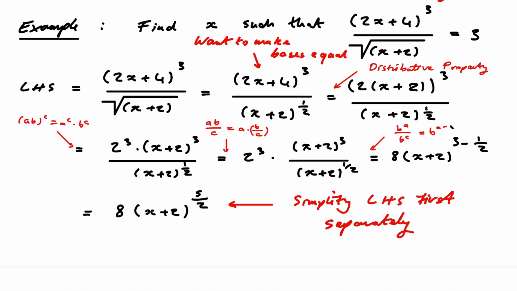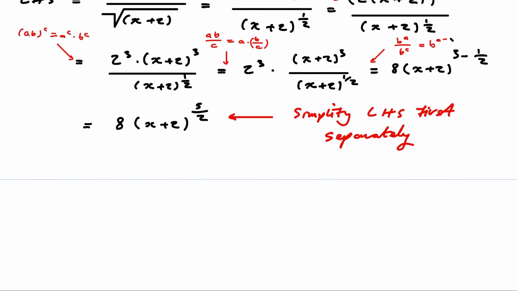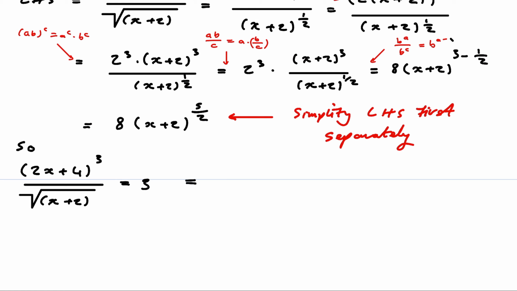So now at this stage, what do we have? Now I can swoop back into my actual equation. So I'm trying to solve the equation at the top here. If this is true, this is if and only if 8 times (x + 2)^(5/2) is equal to 3.